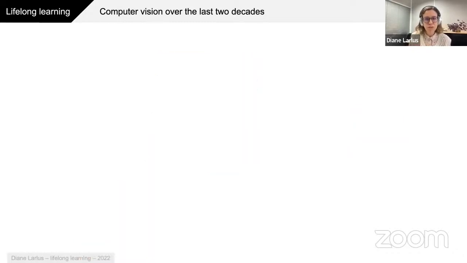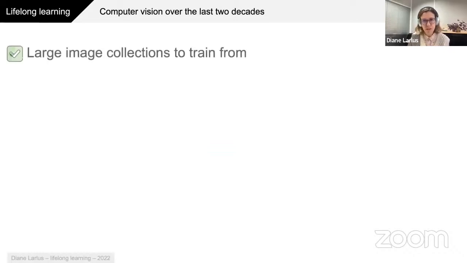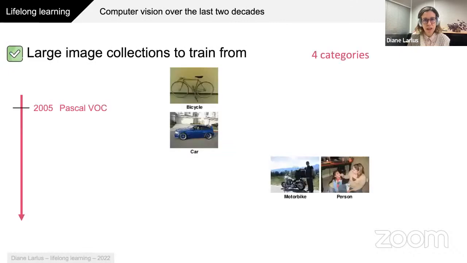So one of the reasons for this progress was that large image collections were made available to train these models. When you look back at 2005, a joint effort from the Pascal European project focused on challenging images, as opposed to the constrained images that were used in the past.